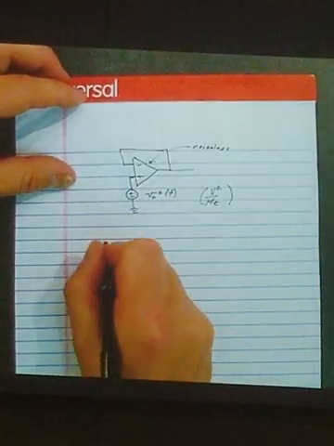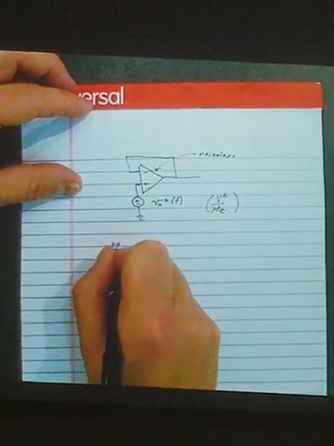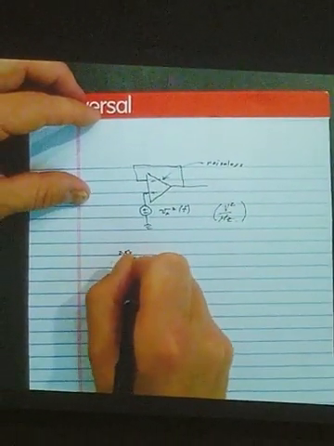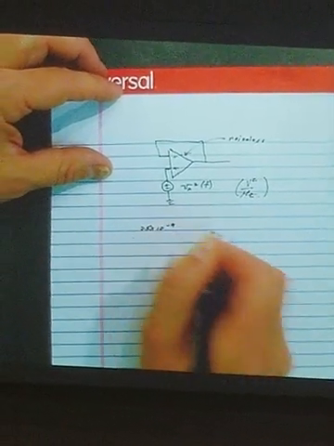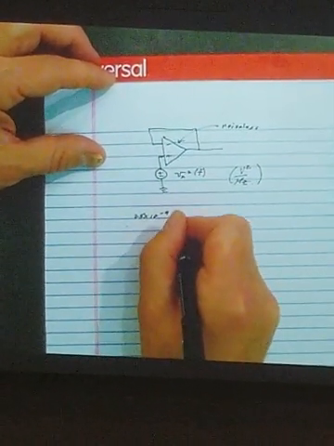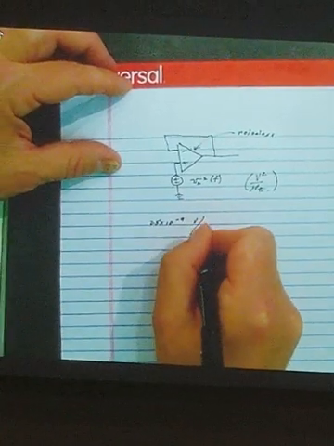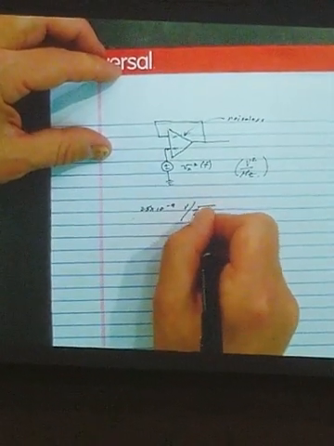So 25 by 10 to the minus 9 volts per square root hertz.